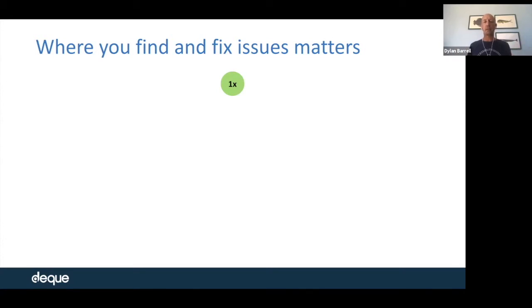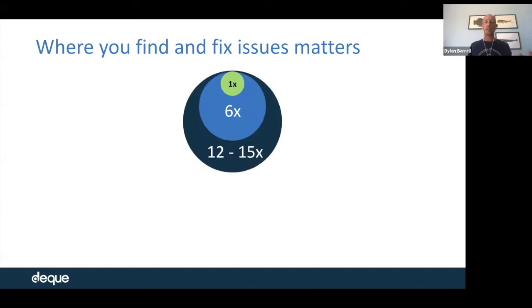But if you assume that the cost of fixing a defect in the design phase is 1 times whatever that cost might be, then the studies have found that if you find it and fix it during development, there are different stages there, it can be as high as averaging 6 times that cost. If you find it during QA, whether it's systems testing or user acceptance testing, it can range between 12 and 15 times that cost.